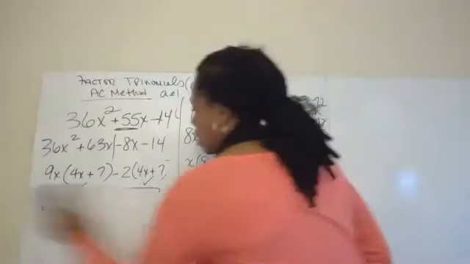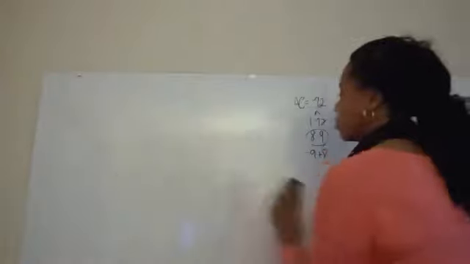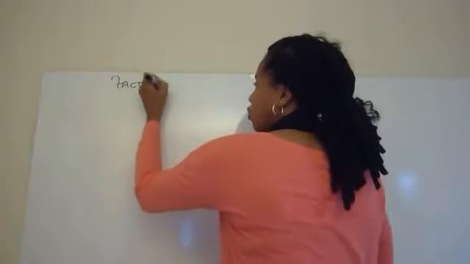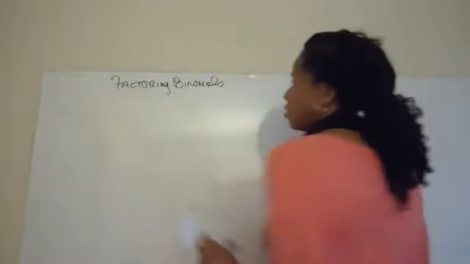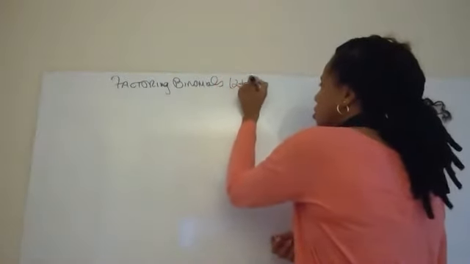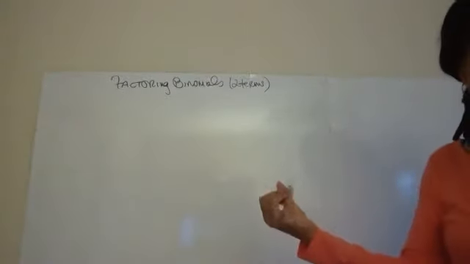Okay. All right, so when you have 2 terms, you have to be able to factor all types of polynomials. So the next step is factoring binomials. That's when we have 2 terms. When you're factoring binomials, it's basically the same 2 rules as trinomials. Is it in descending order?